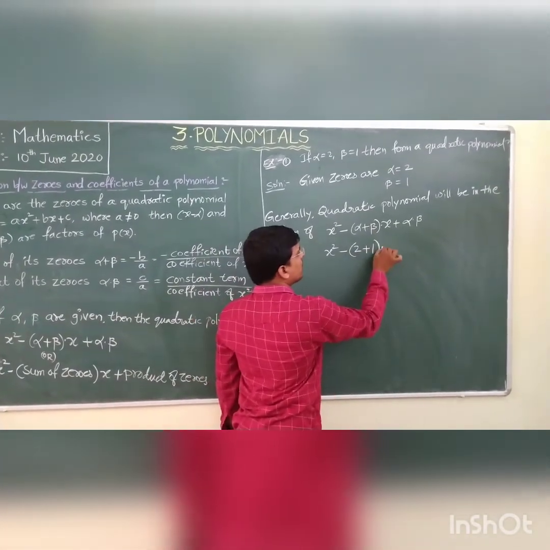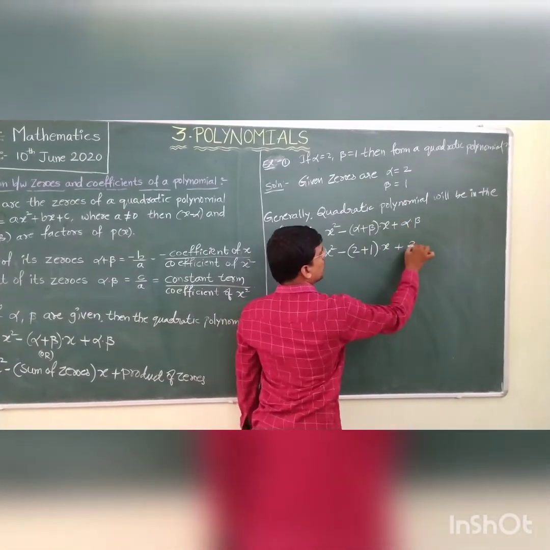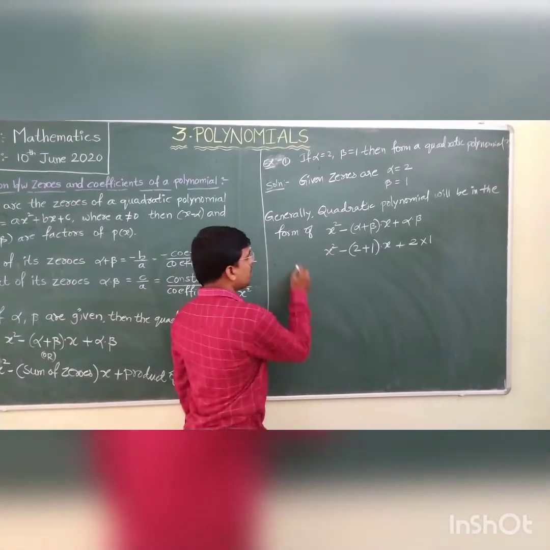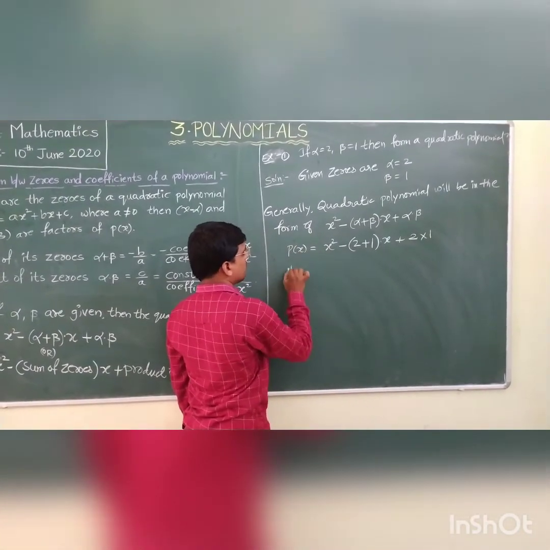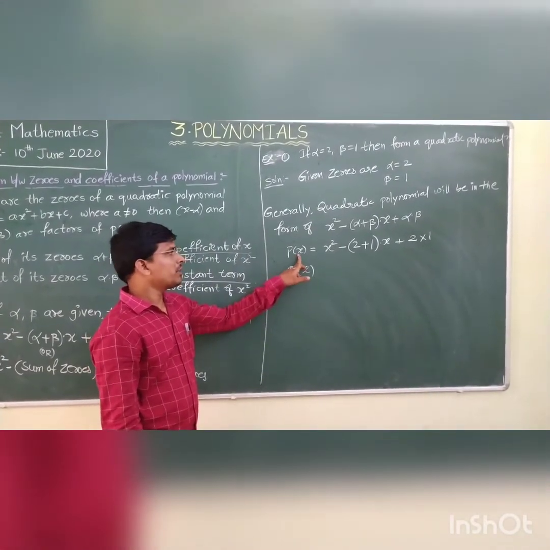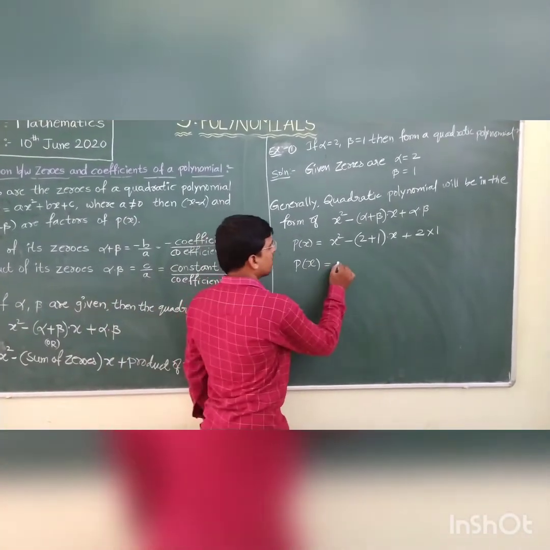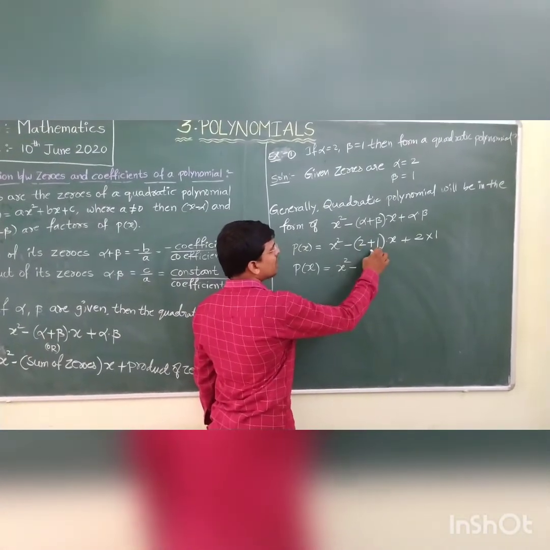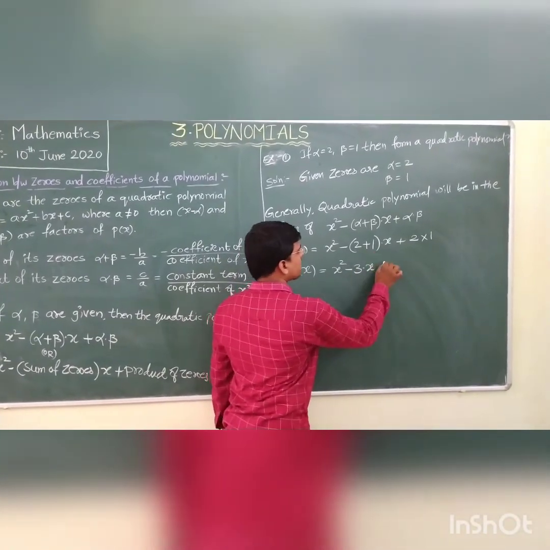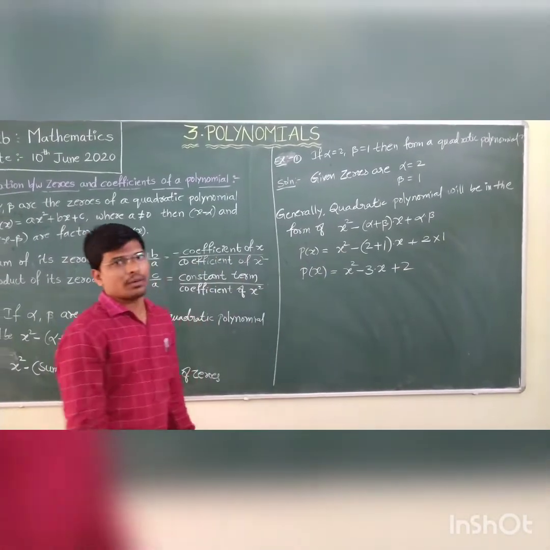Beta is 1, into x. Plus alpha, again 2, into the beta value 1. So p of x, the polynomial involving the variable x, is equal to x square minus 2 plus 1. 2 plus 1 is 3, so 3 into x plus 2 into 1. 2 ones are 2. So this is the polynomial.